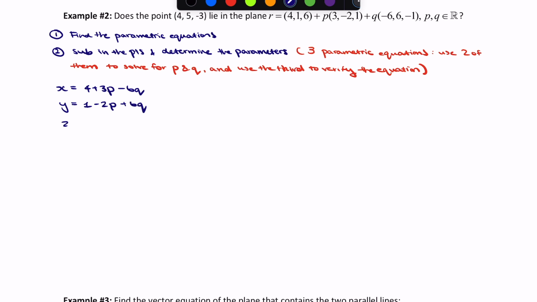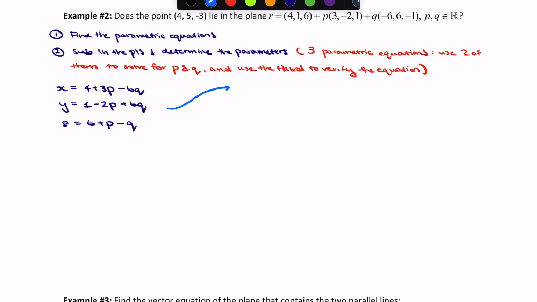And then for our z component, we have 6 plus p minus q. So here we're going to use our x and y components to solve, using a system of equations.